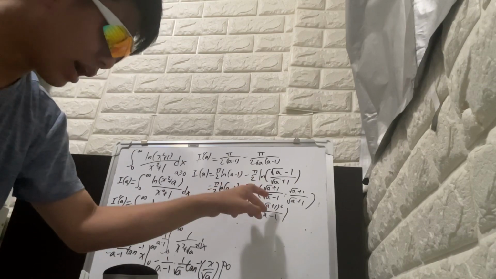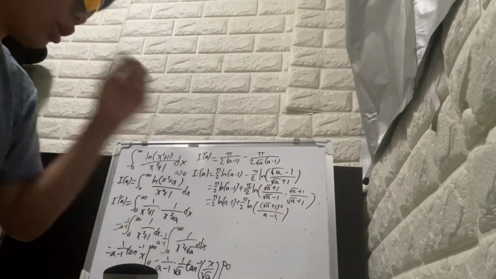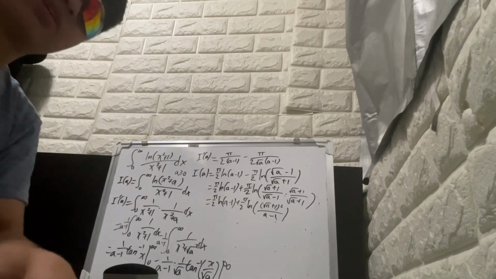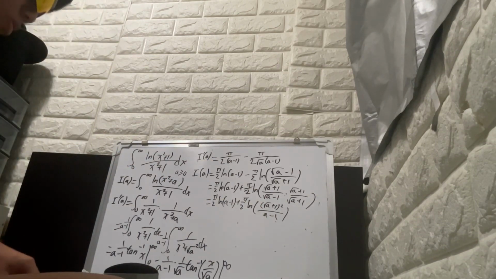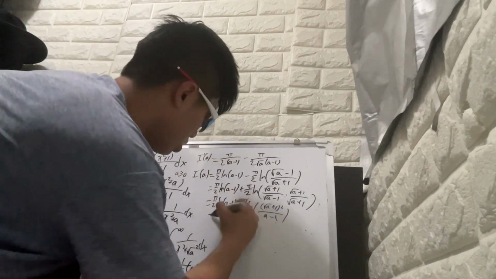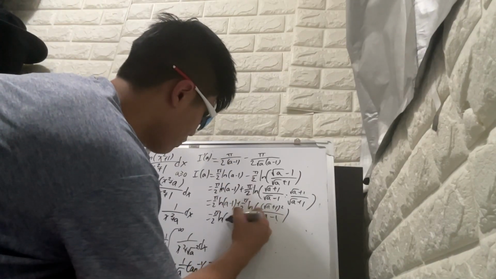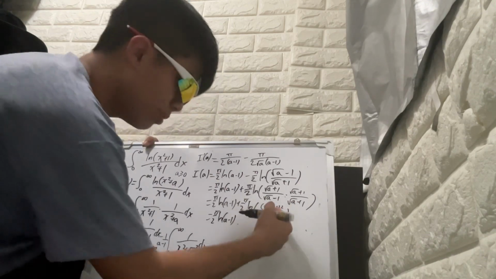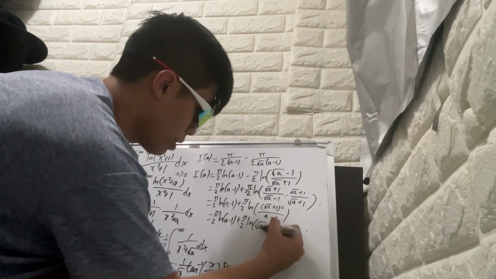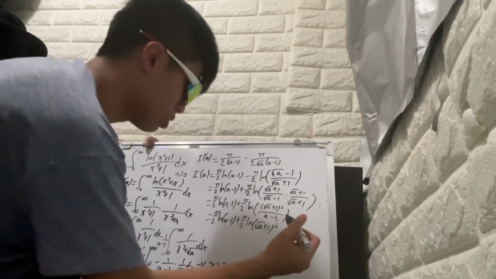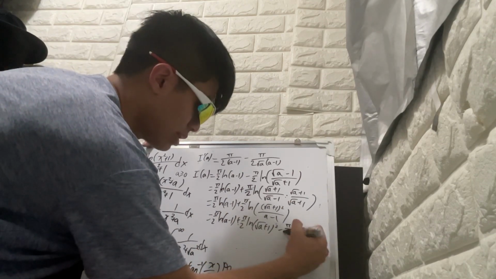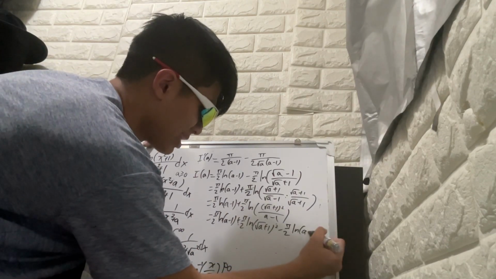For the ln of a quotient, we can use the, what's that called? The division rule of the logarithm. So here, pi over 2 times ln of a minus 1, and then distribute the pi over 2, the square root of a plus 1 squared, and then you're going to get minus here, minus pi over 2 times ln of a minus 1.